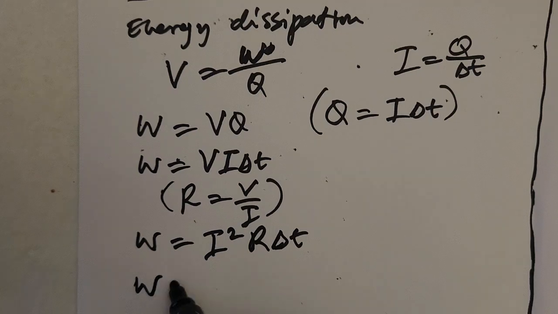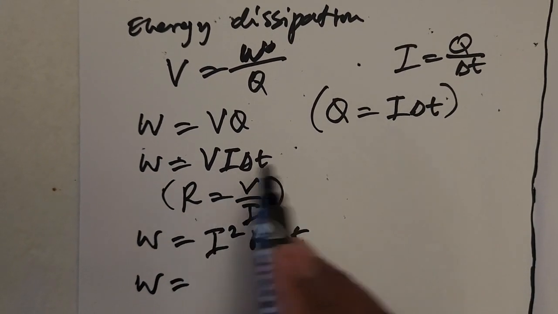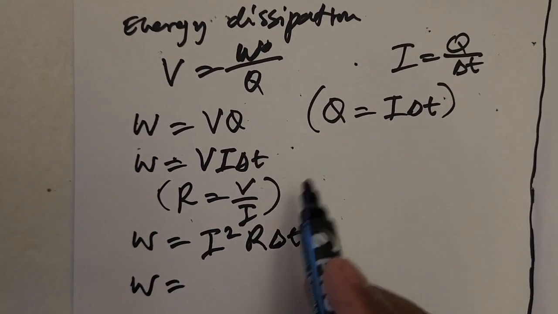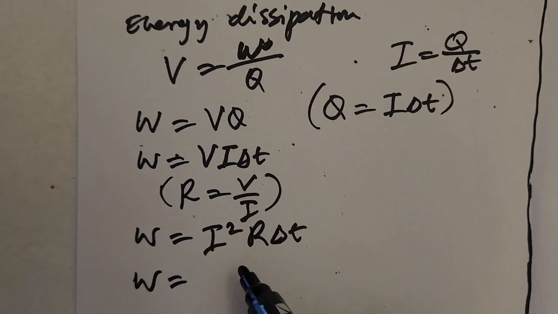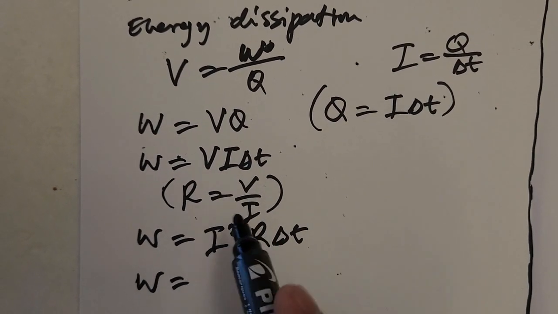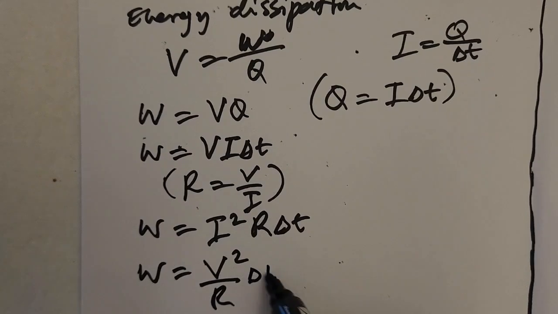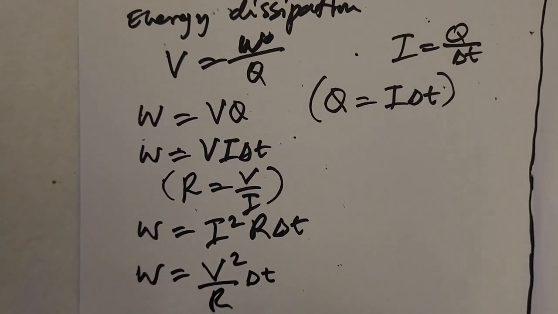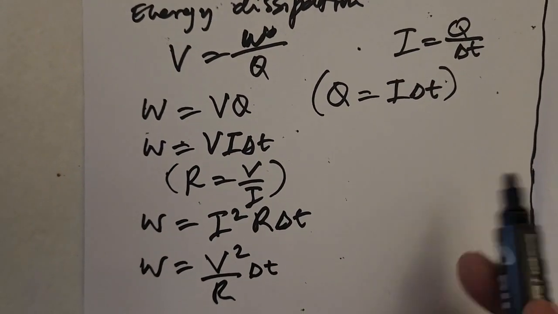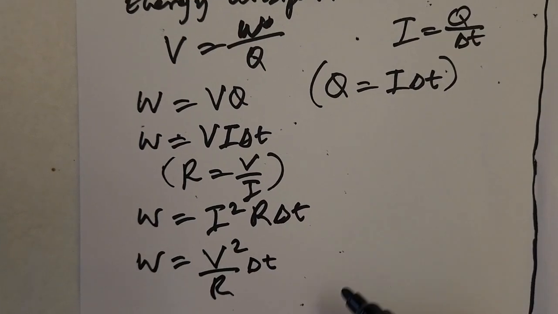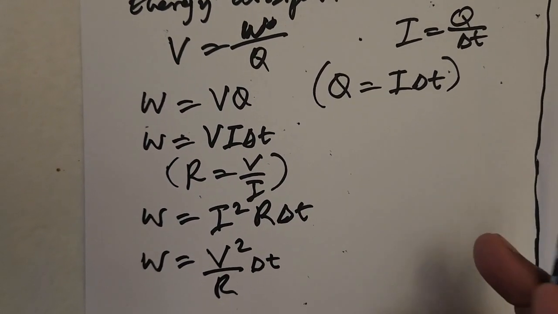Again, we can change I in terms of V and R. I will be the same as V over R, then V multiplied by V will be V squared over R multiplied by delta T. So these are the formulas that we can use for energy dissipation in a component in the circuit, including the battery.